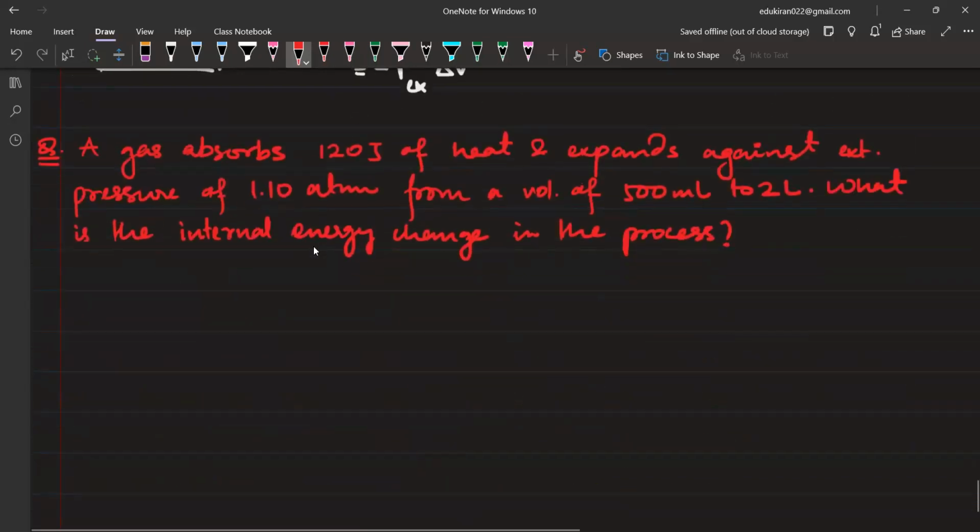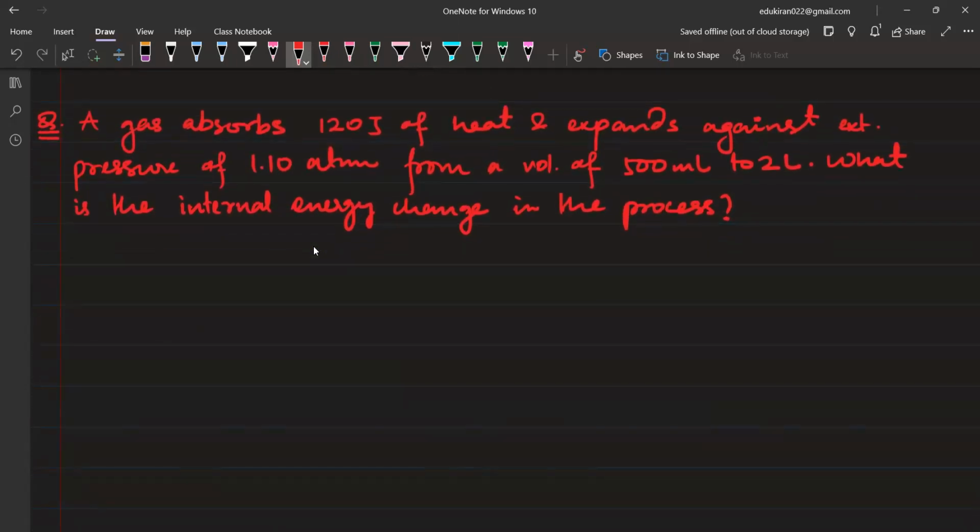ठीक है, see first of all यहाँ पे आपके पास क्या दिया हुआ है, they have given you the gas absorbs itna joule of heat. So since it is absorbing 120 joule of heat, that means we have to take Q as positive, equal to 120 joules.